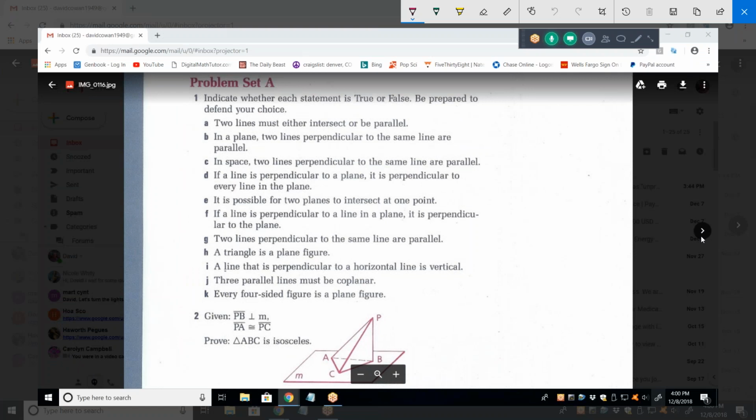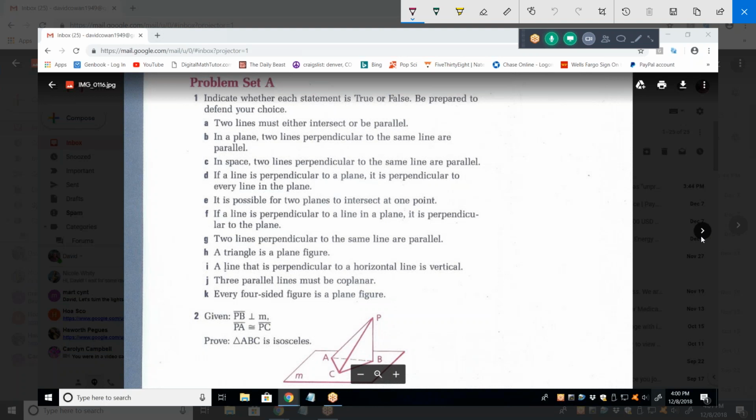All right. Indicate whether each choice is true or false. Two lines must either intersect or be parallel. That's false, because if you have skew lines and they're on different planes. Exactly. If they would have said two lines in the same plane must either intersect or be parallel, that would have been true.